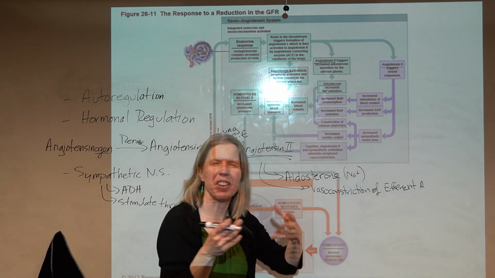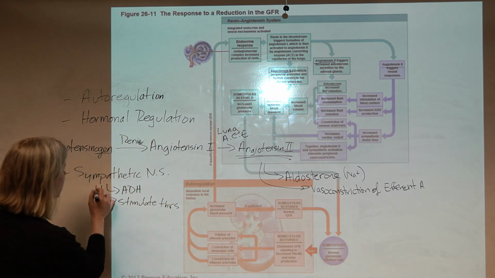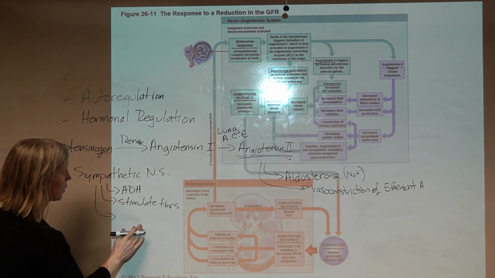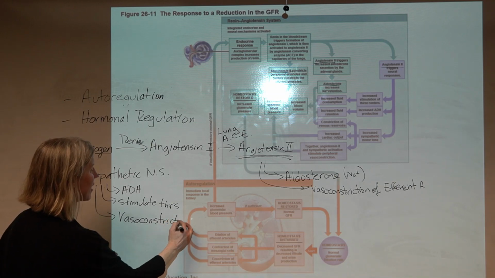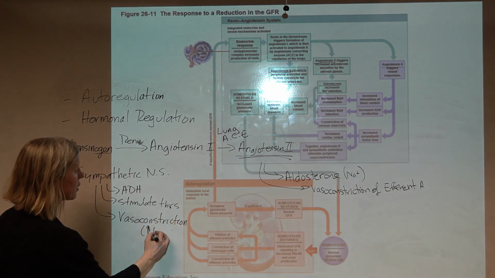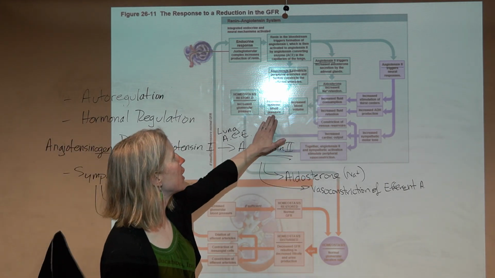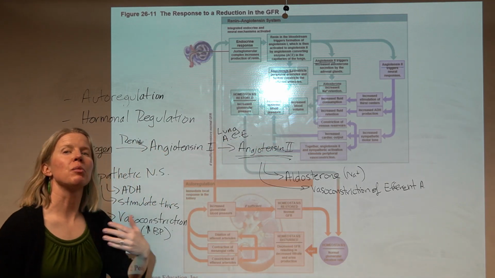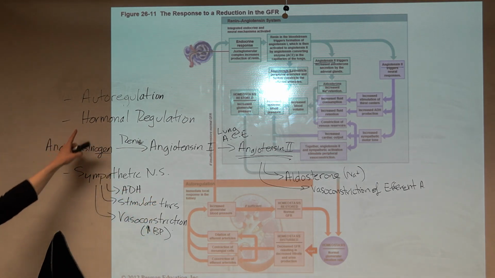So we're doing vasoconstriction more systemically to up blood pressure. Let's do general vasoconstriction, right? Sympathetic tone to increase blood pressure, right? So all of these things are leading to an increase in blood pressure, which is then going to increase glomerular pressure, right? Glomerular filtration rate. Okay, so autoregulation, hormonal, and then also the nervous system.